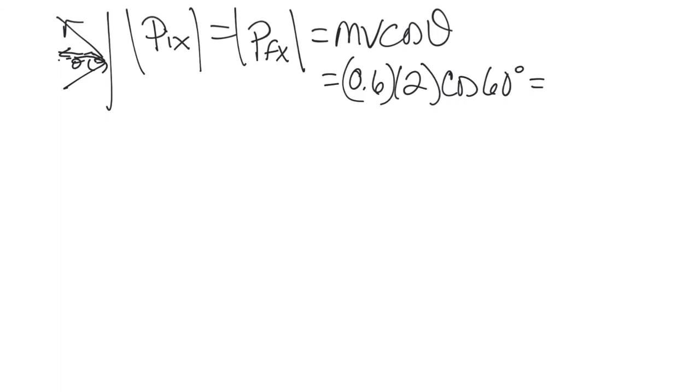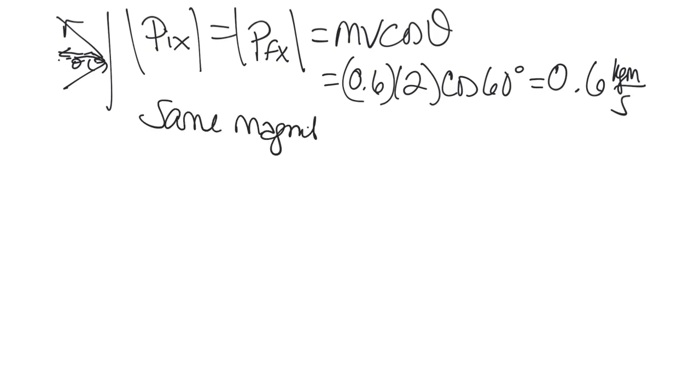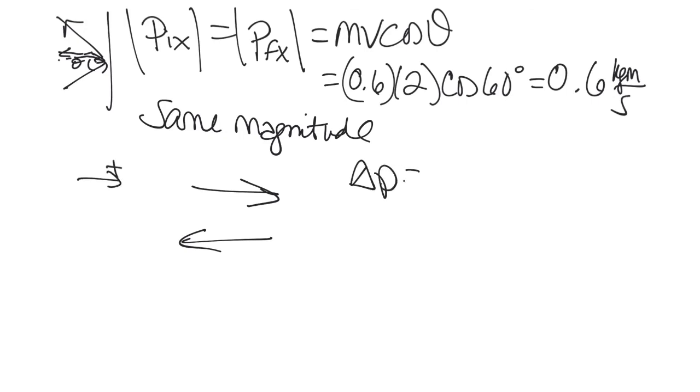So we get 0.6 kilogram meter per second as the magnitude. So they have the same magnitude, but they have opposite signs. Do you want to call plus that way? Sure, why not.